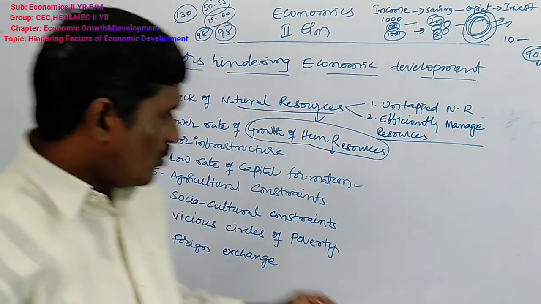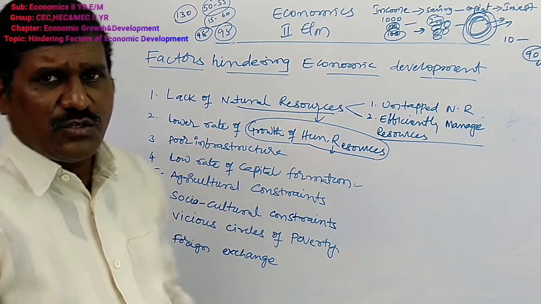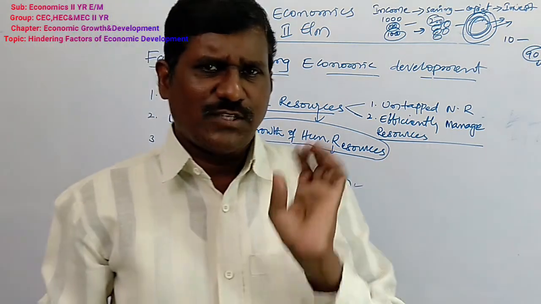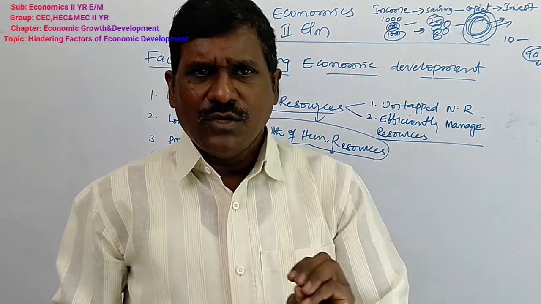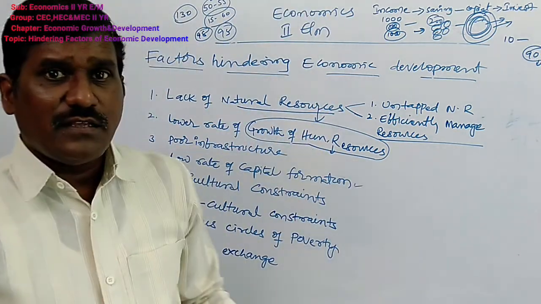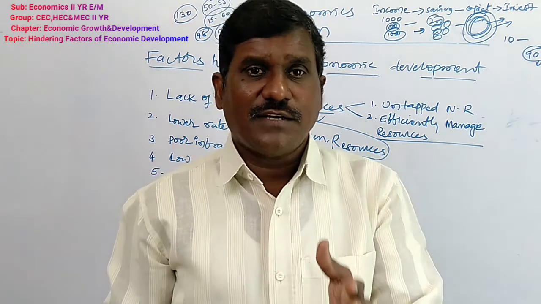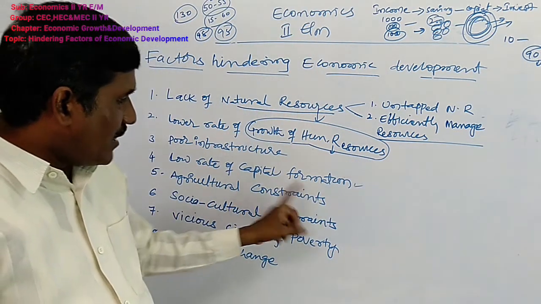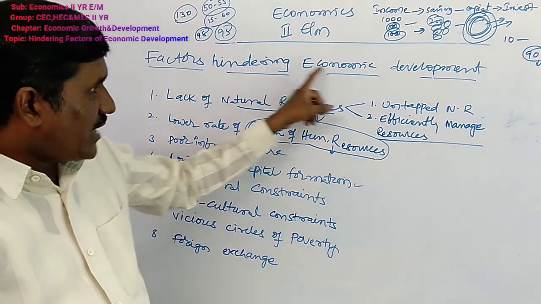But here most of the people depend on agriculture. In America, only 3 to 4% of people depend on agriculture. In England, it is only 4%. But in India, nearly half of the total population of the country depends on agriculture. So this is also one of the agricultural constraints hindering economic development.